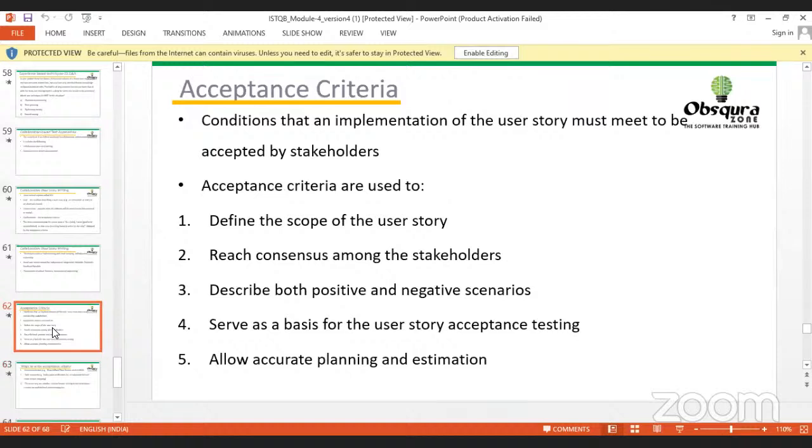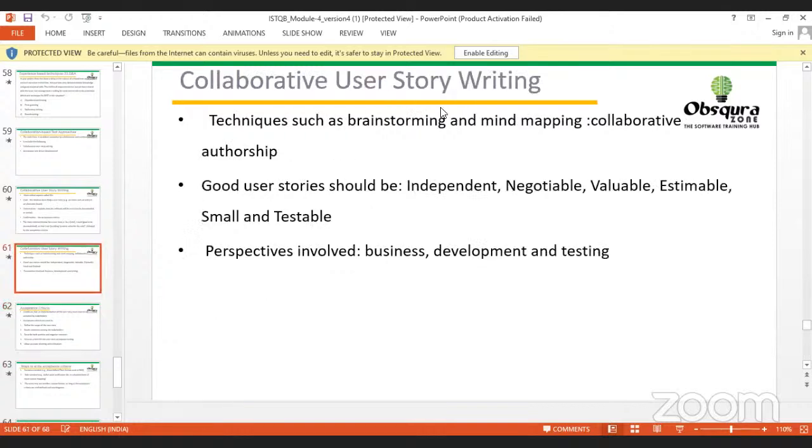I mentioned that yesterday also. Can you please explain that first point once again? Brainstorming and mind mapping, collaborative authorship. These are different techniques by which you write the user stories.